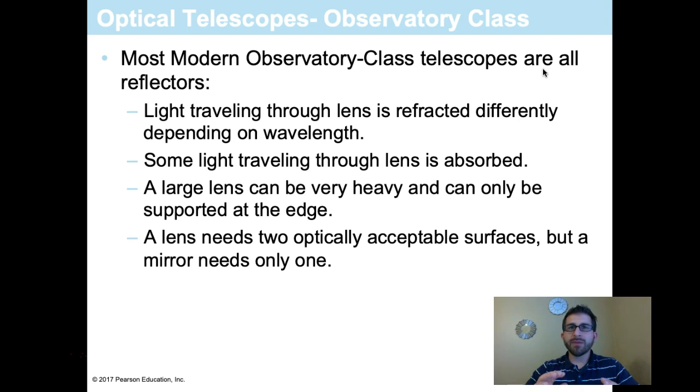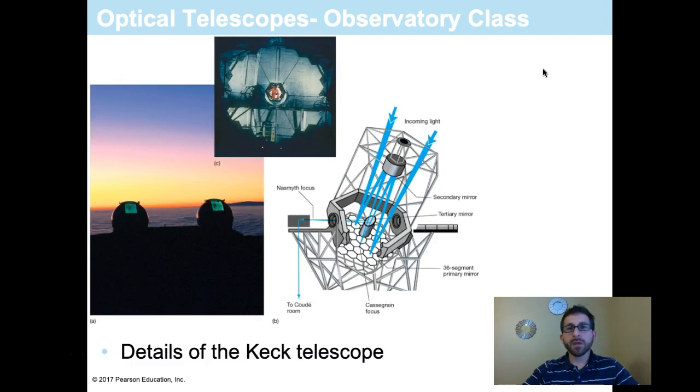And what I mean by that is that the actual shape of the lens is what's causing the image to be formed. And if that shape is off by even just a little bit, it makes big problems in our ability to see for making our images for our astronomy. So lenses are not the most ideal thing for observatory class telescopes as a result.